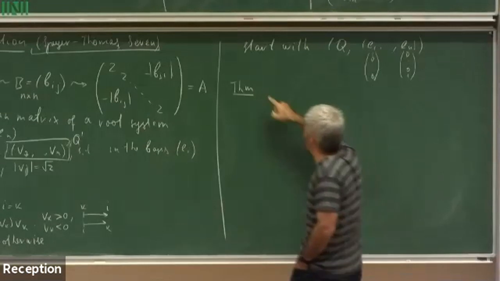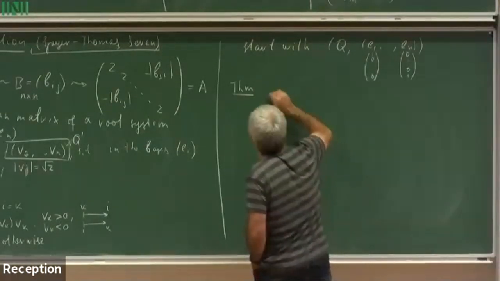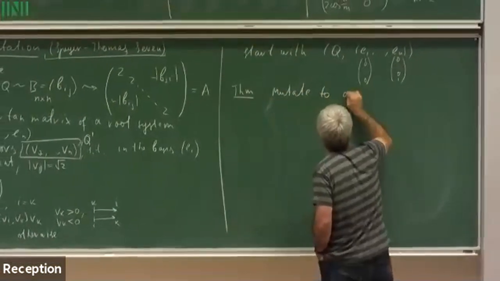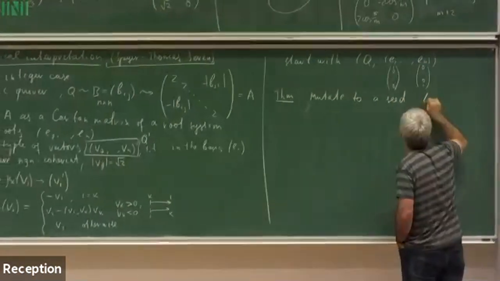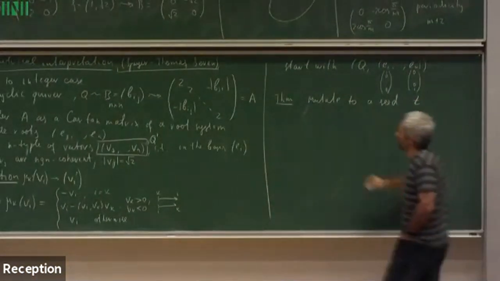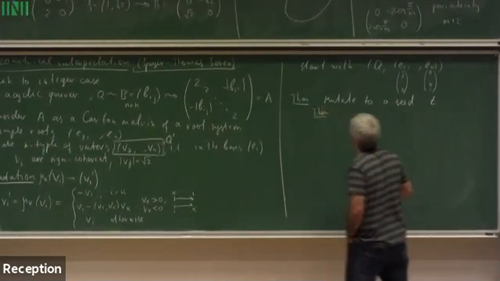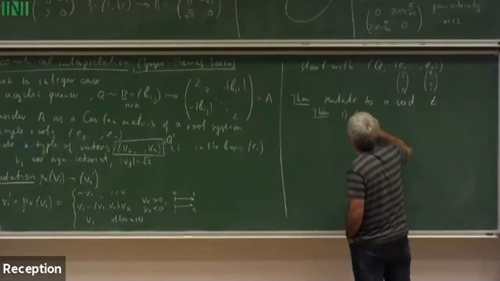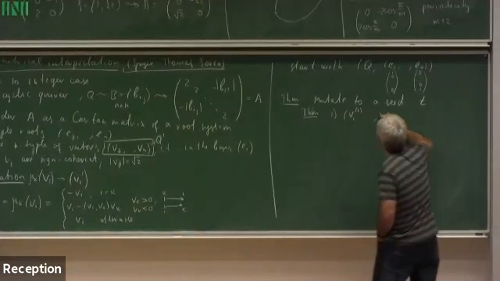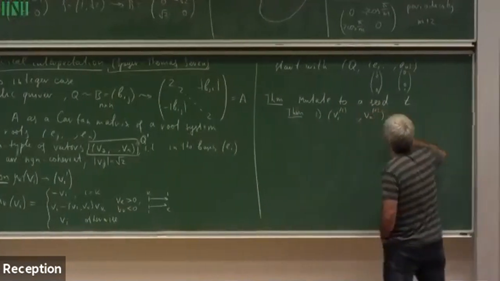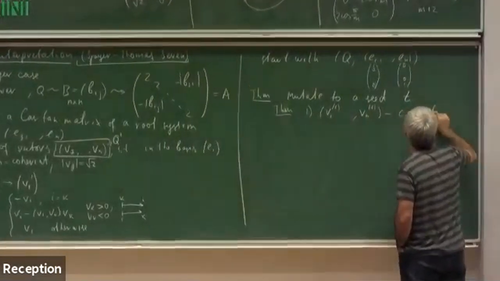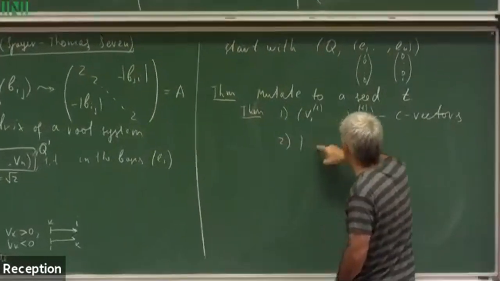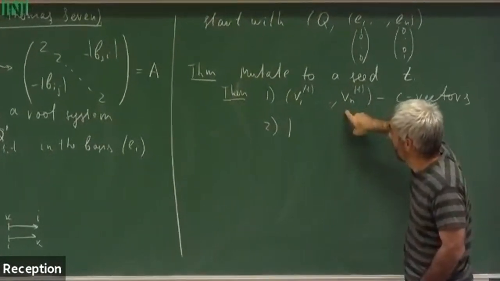Someone says the following: just mutate to a seed T. Let me denote it by T. Then the following. First, that E and T are precisely C-vectors.